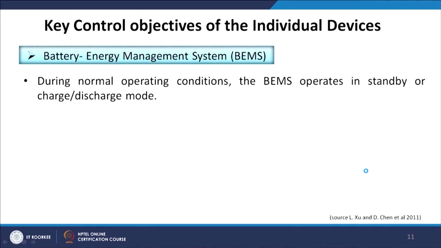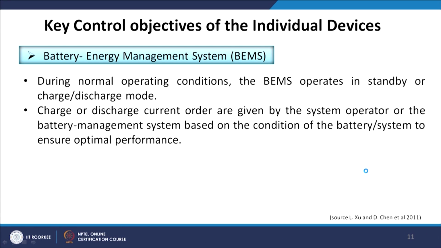But when we talk about a battery, we need to have a battery energy management system, BEMS. During normal operating conditions, the BEMS operates in standby or charge discharge mode. Charge or discharge current orders are given by the system operator or the battery management system based on the condition of the battery system to ensure optimal performance.